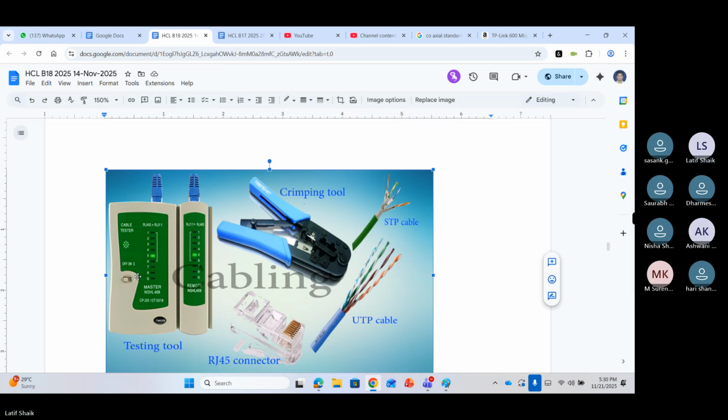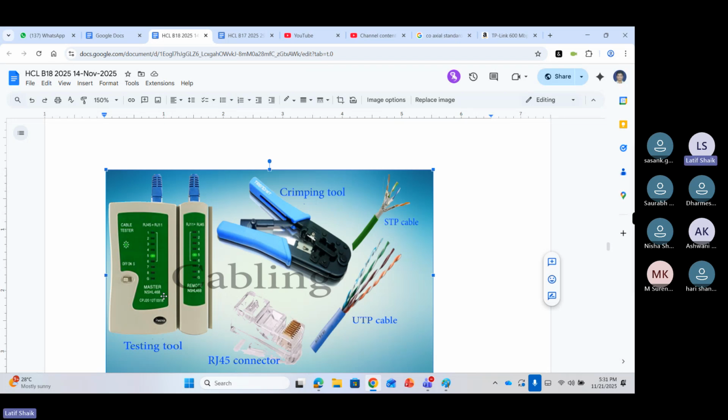Here the LEDs are numbered 1 to 8. On both sides, 1 is blinking: 1-1, 2-2, 3-3, 4-4, 5-5, 6-6, 7-7, 8-8. Simultaneously 1-1 blinks, then 2-2, then 3-3, 4-4. It means your cable is good. Your cable is working well. There is no problem in the cable.